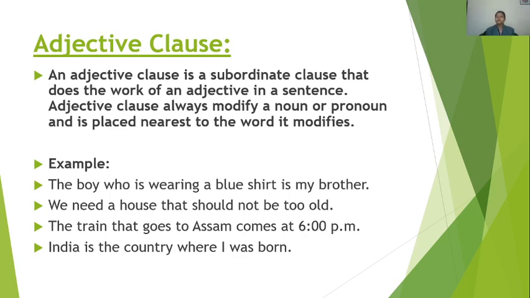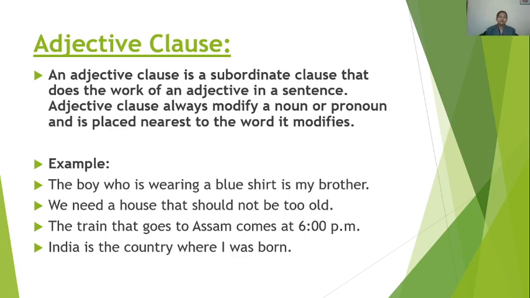But an adjective is a single word, whereas here we are talking about a group of words that has one subject and one finite verb. An adjective clause always modifies a noun or pronoun and is placed nearest to the word it modifies.